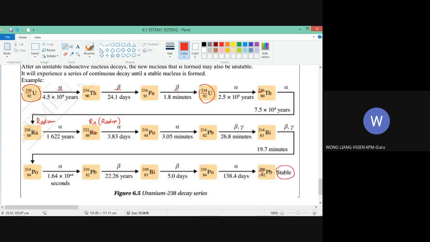So lead-206 is stable. And when it becomes stable, that means when it becomes lead-206, it will stop undergoing radioactive decay. So this lead-206 is not radioactive.